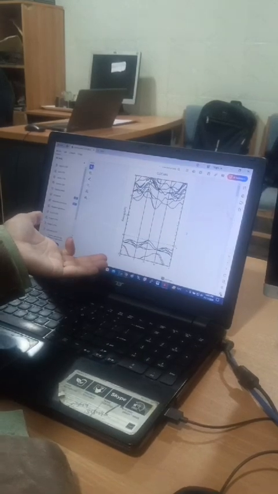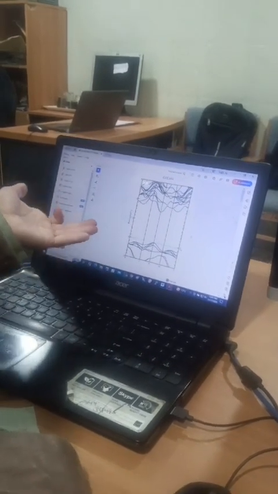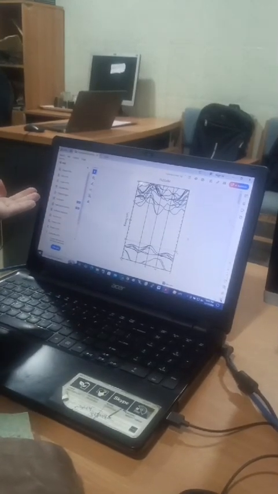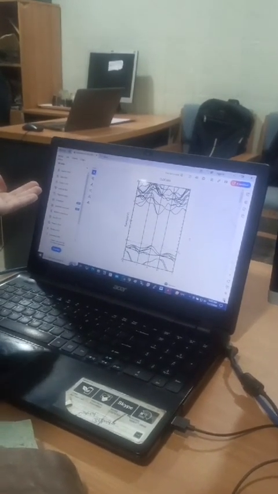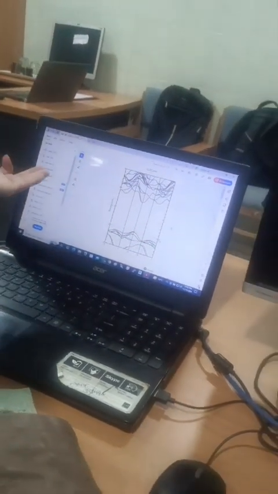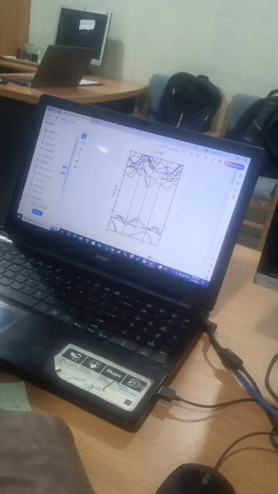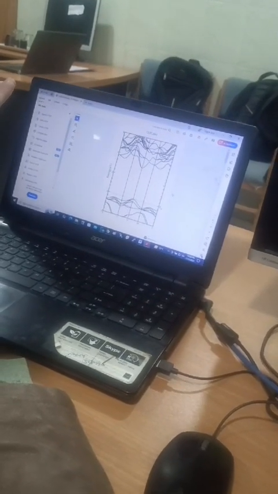What are symmetry points? Symmetry points are the points lying in the Brillouin zone. What is the Brillouin zone? As we discuss the material microscopically, we can discuss the crystal structure. In the crystal structure, in some materials atoms are placed randomly, and in some the atoms are placed in a regular pattern.